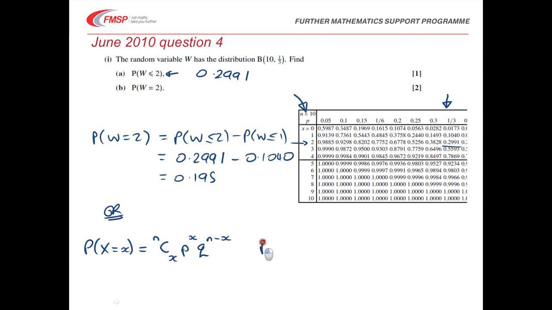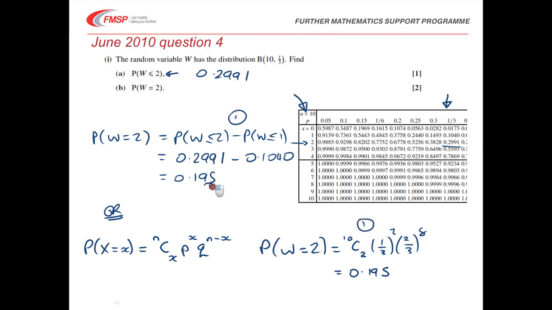So in this particular case, we've got the probability that w is equal to 2 is going to give me 10 choose 2, p, which is the value a third to the power of 2, times by 2/3 to the power of 8. And if you calculate that through, you're going to get the same value, which is quite handy. So 0.195. Okay, so 2 marks for this. You get 1 for choosing the method in either case, and then 1 in either method for getting the correct answer.